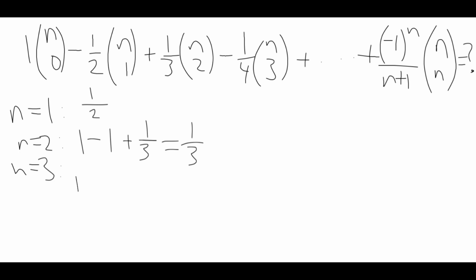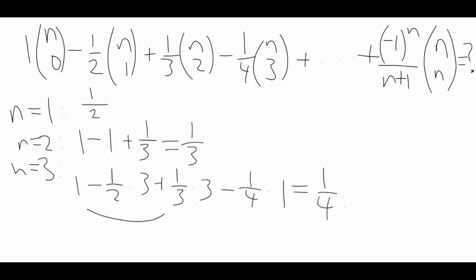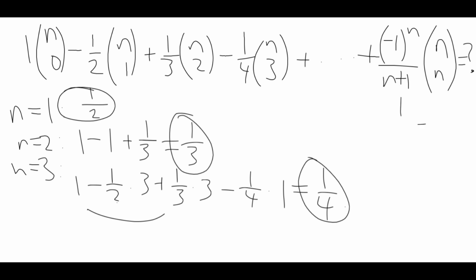When n is 3, I get 1 minus a half times 3, plus a third times 3, minus a quarter times 1. Okay, this is a little trickier. So I have these two add up to 2, then I'm subtracting 3 halves, so that's a half, and then I subtract 1 more quarter, so that's 1 quarter. So we have a half, a third, a quarter. You have to be a little careful using 3 examples to guess the answer, but a good guess would be that it's 1 over n plus 1.